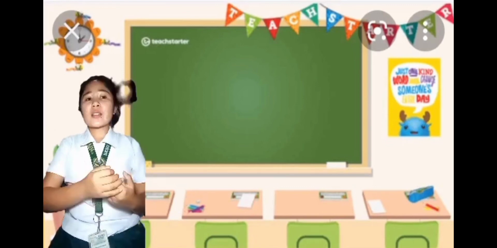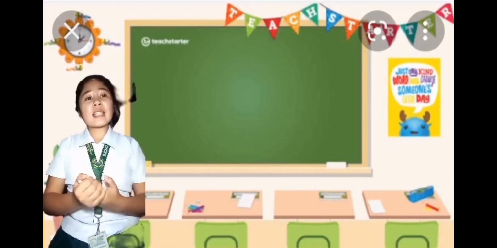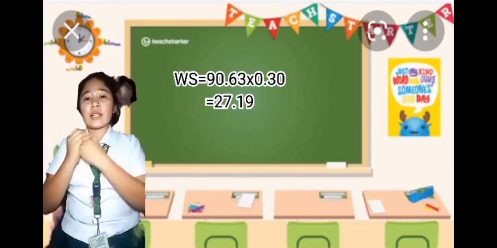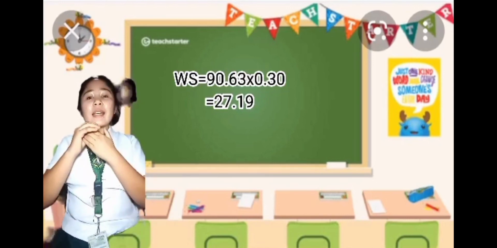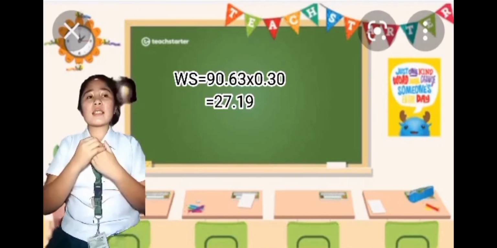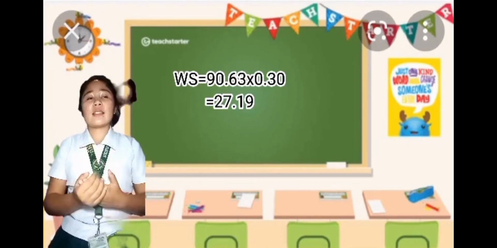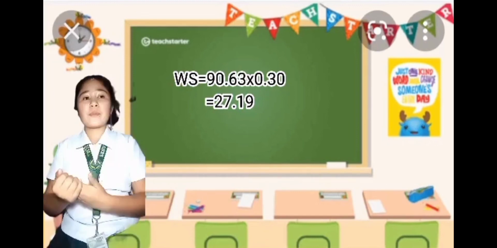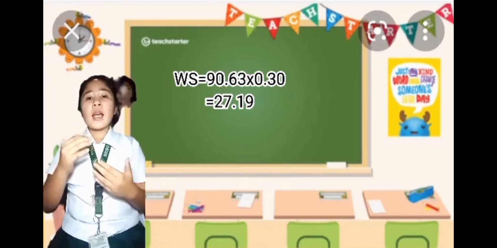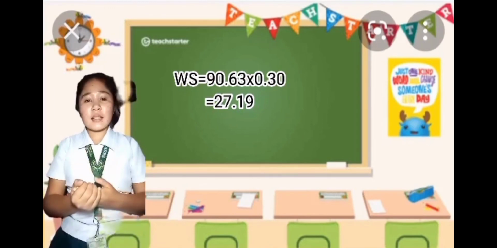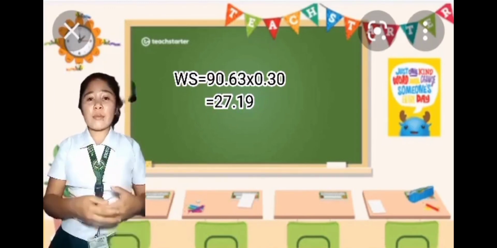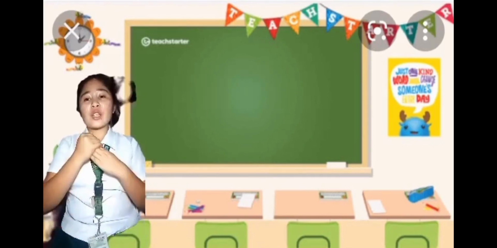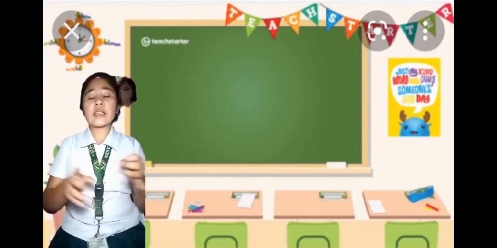To convert it to decimal, we need to divide 30 by 100, so 30% is equivalent to 0.30. We multiply 90.63 by 0.30 so that the learner has a weighted score of 27.19. And we do the same for performance task and quarterly assessment.